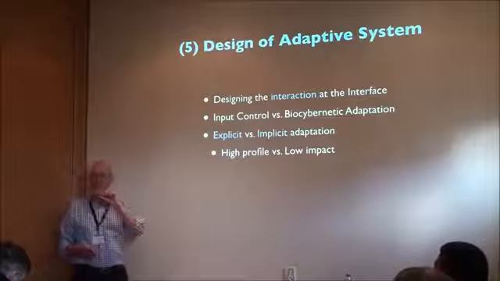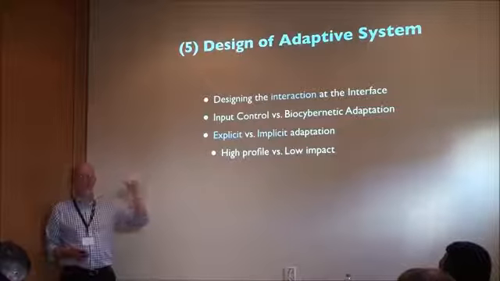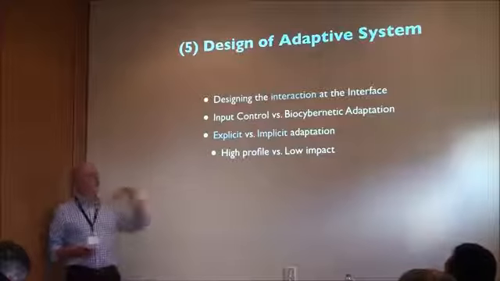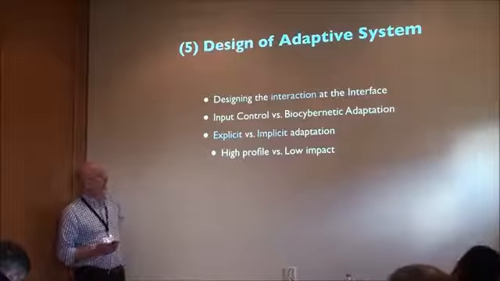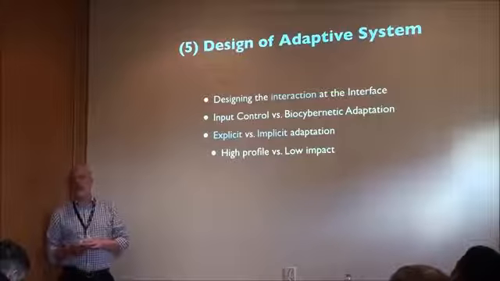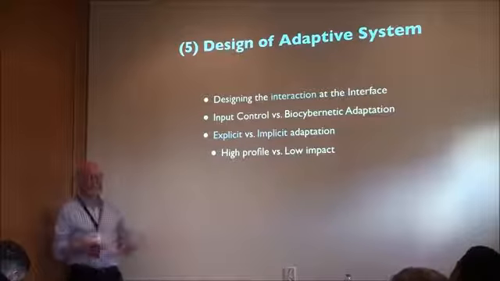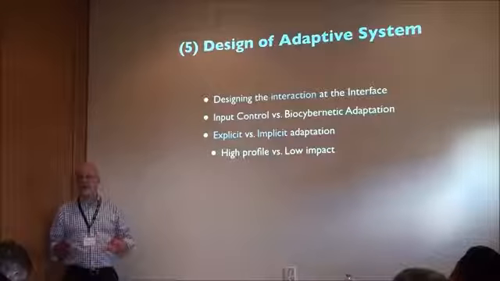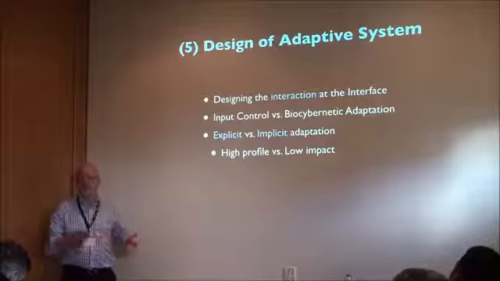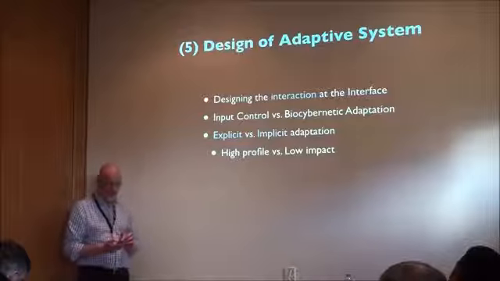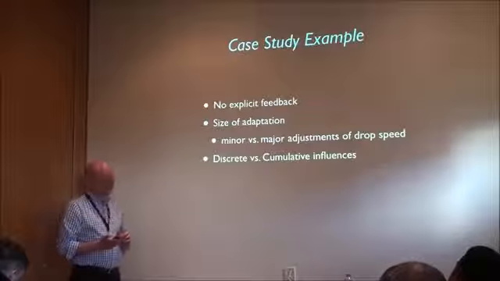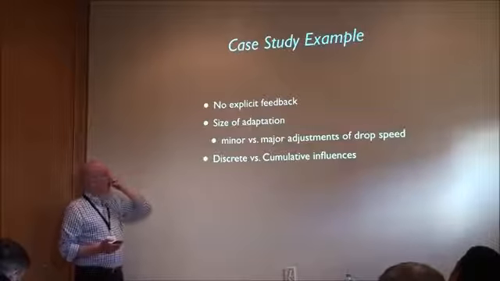So we made very small changes to the Tetris over a period of time, and we did not tell people what was going on. So effectively, when you played the Tetris, you had to play it for maybe a minute or so before you worked out which direction you were being pushed or pulled in. So we had no explicit feedback.